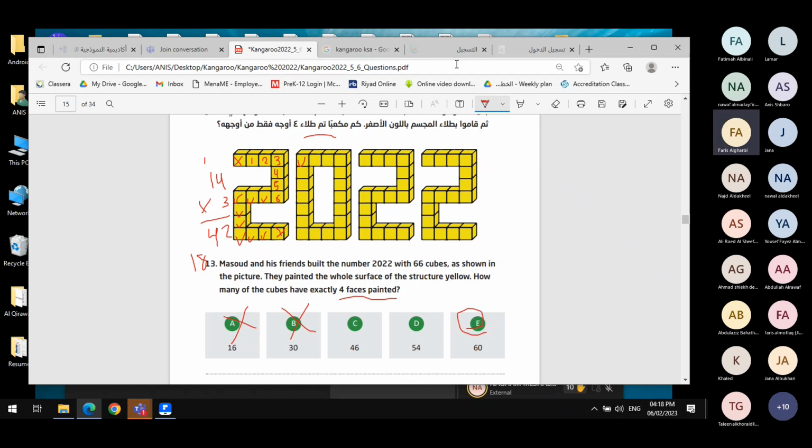Teacher, can I ask you a question? Yes, of course. Teacher, why can we only delete the 2, the ones that we deleted up and down and right, and do the same on the other 2's? Yes.